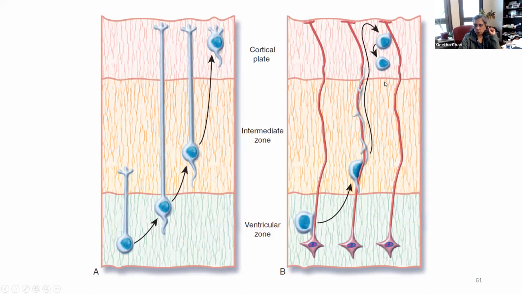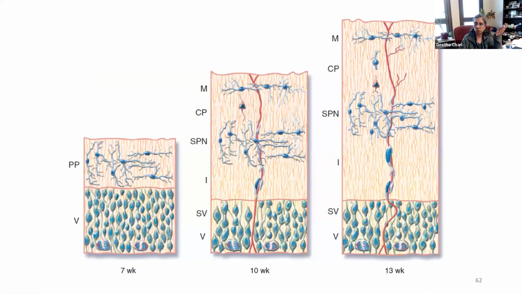And always, the earliest migrated neurons are in the most inner layer, and the later neurons which migrate are in the outer layer. So there is an inner-outer distribution of the cortical cells in the cortical plate. And these are all very closely controlled by various genes and various molecules which are important for the migration of these cells.